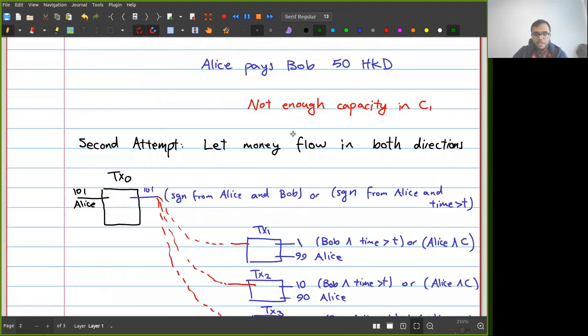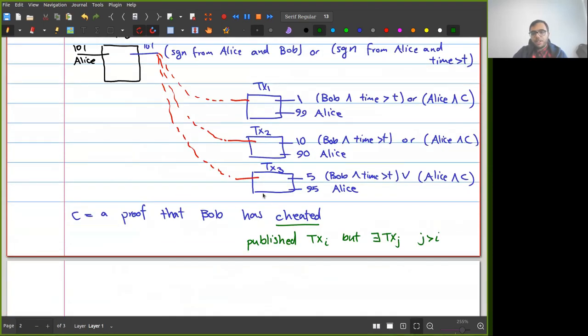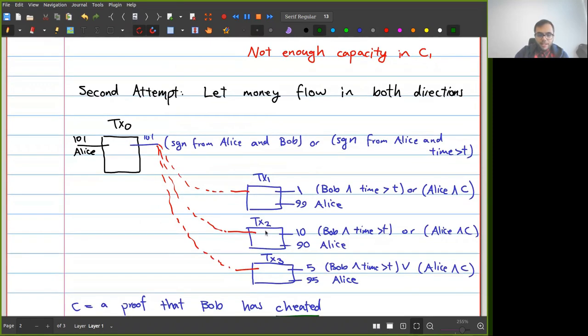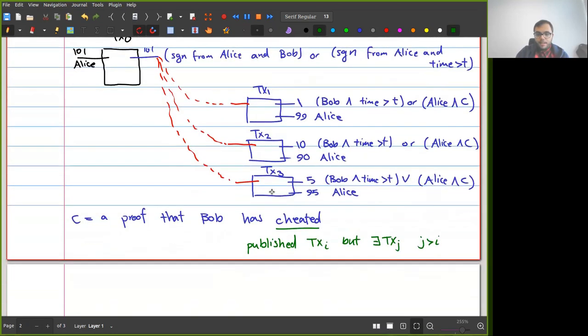Bob can publish any of these transactions on the blockchain, and as soon as he does that, that's the end of the lifetime of the channel. Alice will not make any more transfers of money in this channel. The channel is the entirety of this thing: this initial transaction and all of these transactions. They're all called a channel because they're a way for Alice to pay money to Bob.